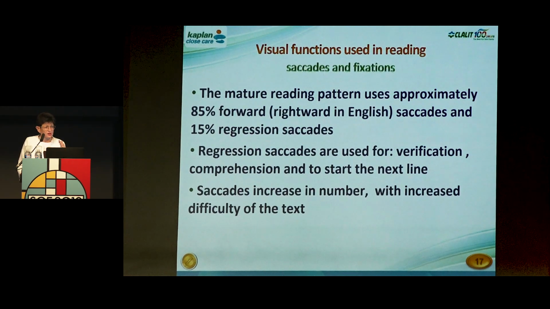For example, in English, it's going to be from left to right. In Hebrew, it's going to be from right to left. But we still have about 15% regression saccades, which means the reading will be like this. Okay? And the regression saccades are necessary. They are used for verification and comprehension and to start the next line. So we need to reverse.